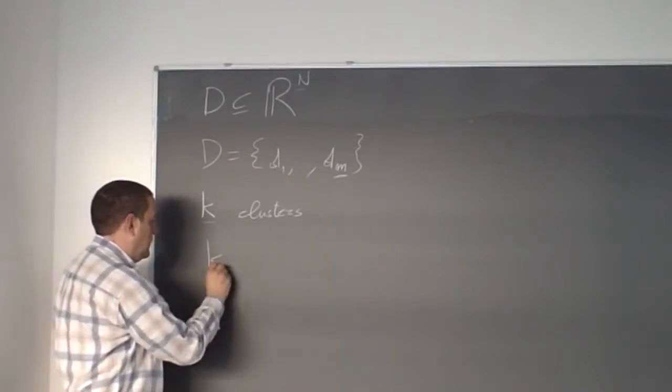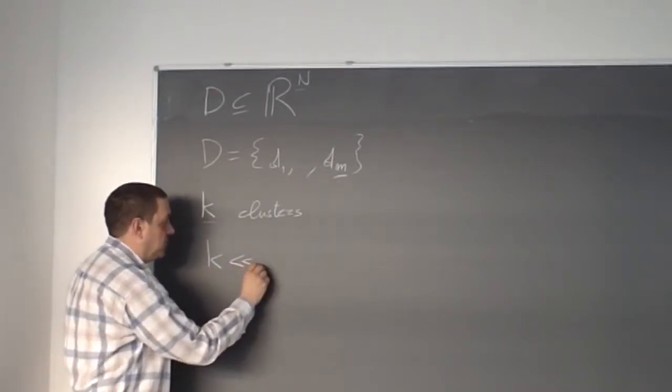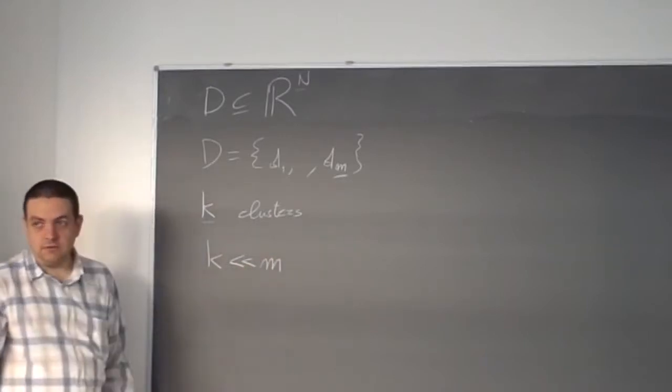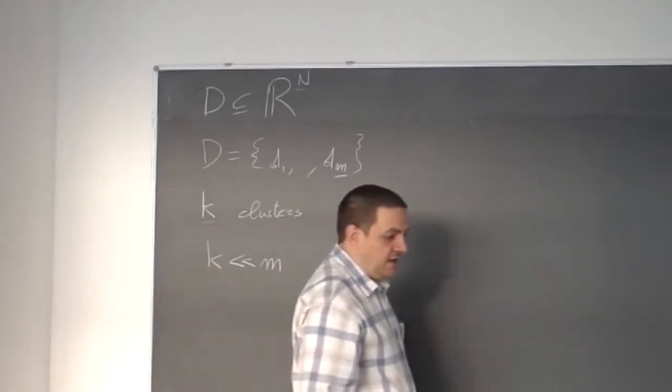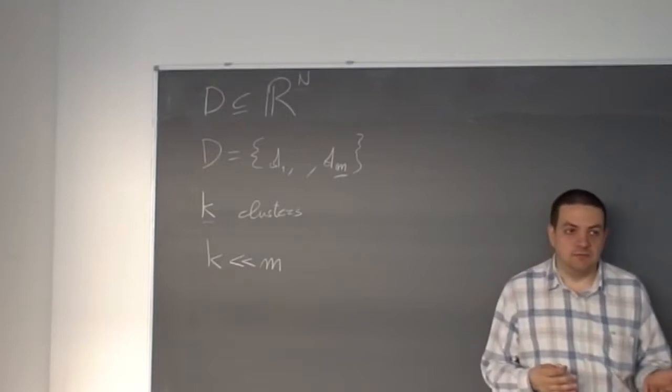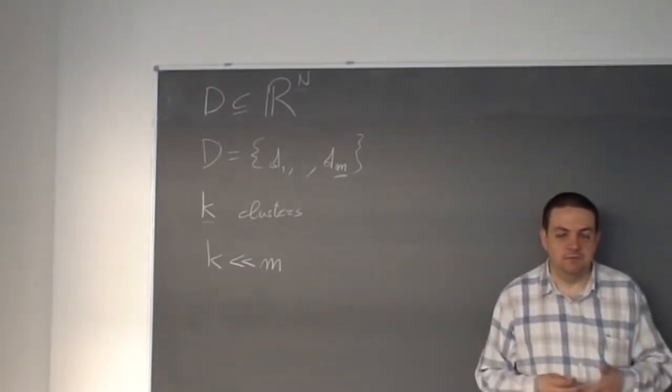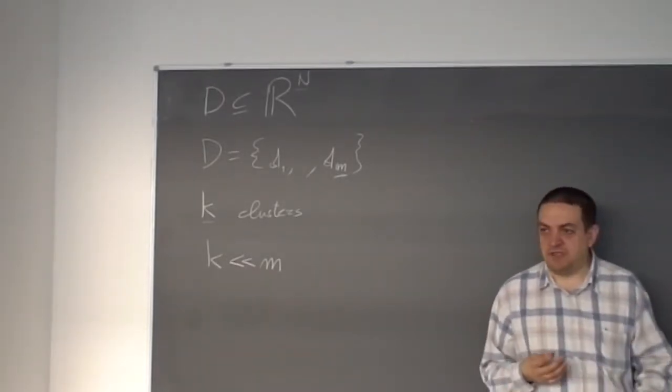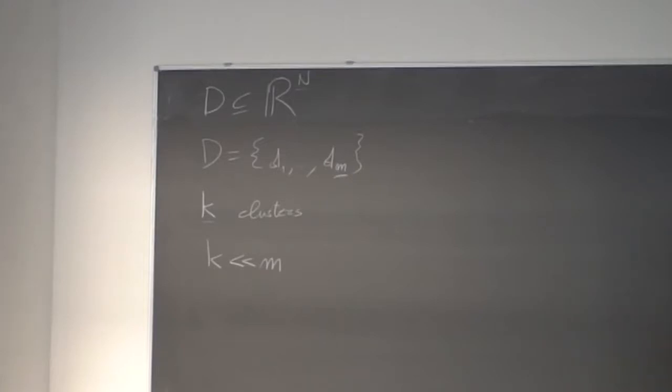Clearly, k should be much smaller than m. We may have millions, billions of elements, but we want to merge them into few clusters, 2, 10, 50, depending on what we are doing. Okay, so this is the setting.